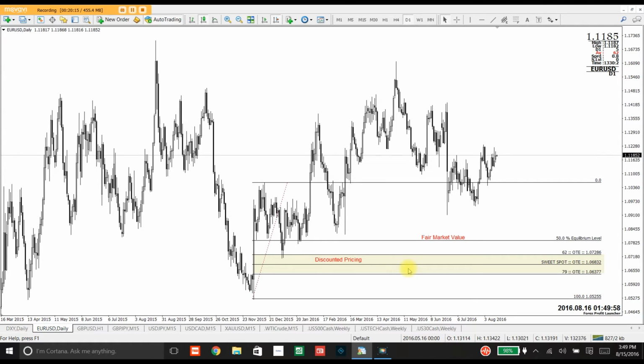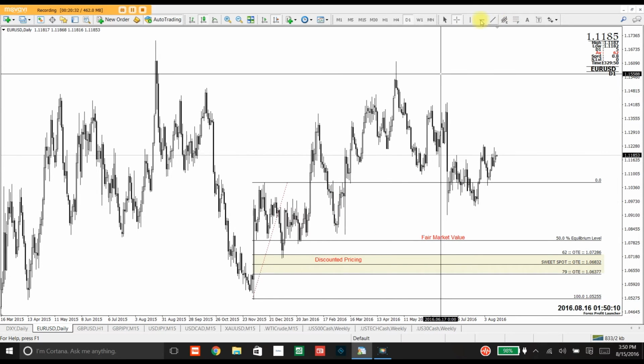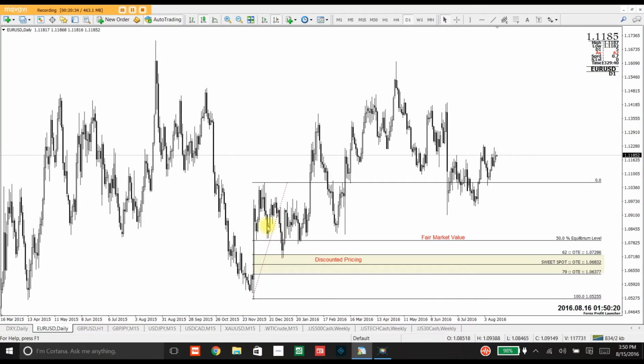Okay? That's why I never use a 38 or 23% retracement levels, because those levels are above 50%. They're over here somewhere. Okay? That's above fair market value. Why would you be buying above market value when you can be patient and wait for price to get to a discounted pricing level, a wholesale pricing level, and then you can take a trade down there, like the banks do.